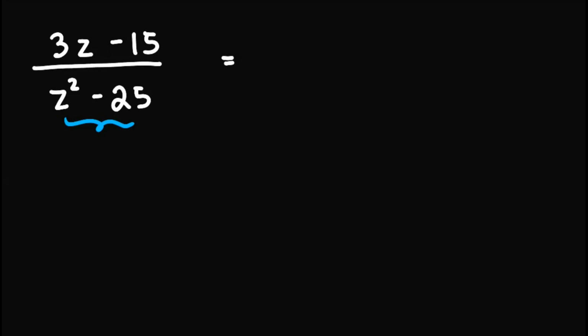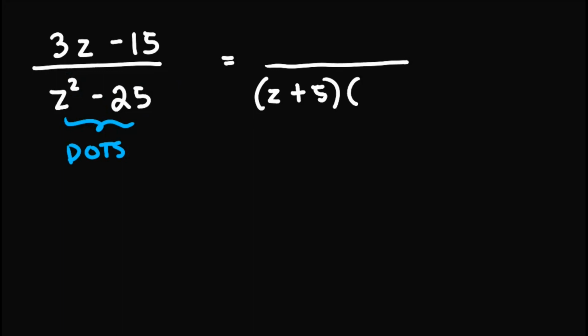So we'll have here, this is a difference of 2 squares. Indeed, this is a square and 25 is equal to 5 squared. So this factors into the sum z plus 5 and the difference z minus 5.